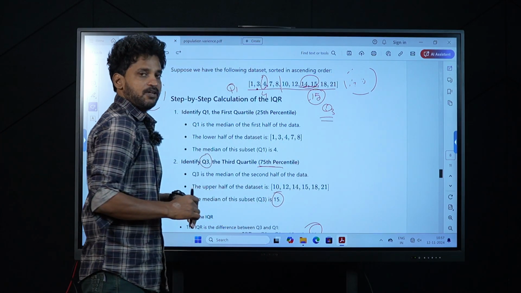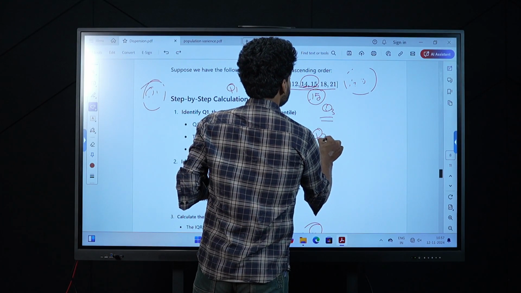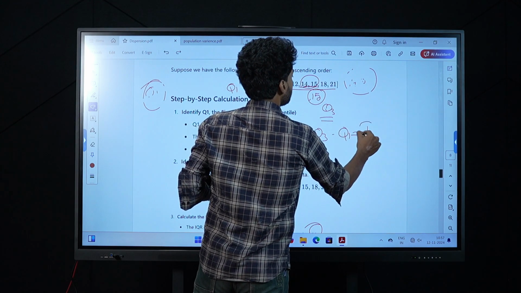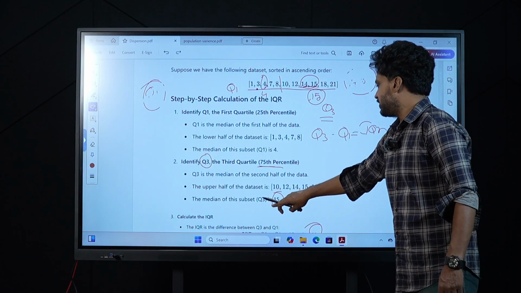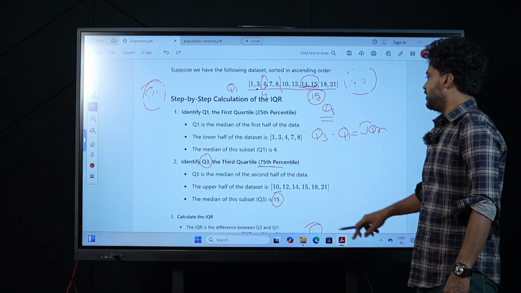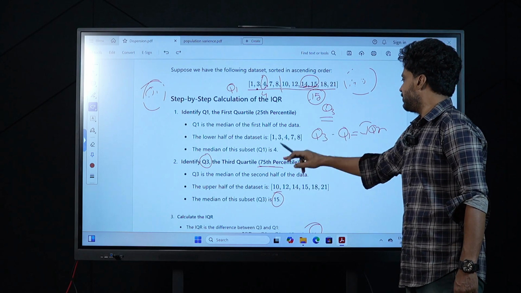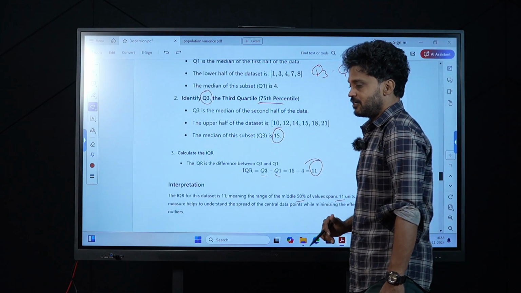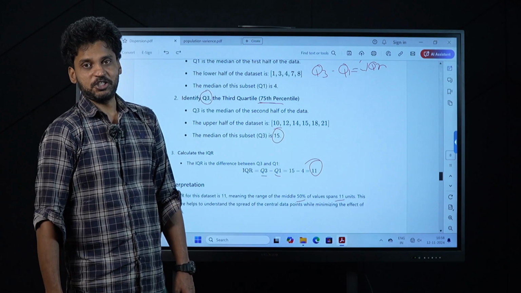So when you subtract Q1 from Q3, that is Q3 minus Q1, you will get IQR. Here, the median of the second half is 15, the median of the first half is 4. 15 minus 4 is equal to 11. This is another way of calculating the range.